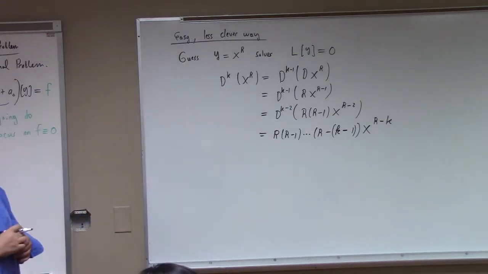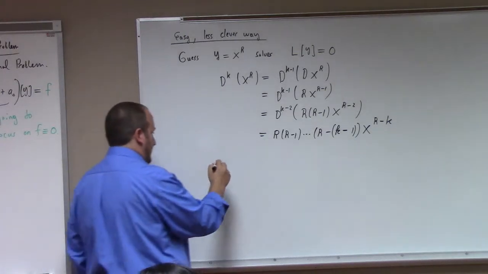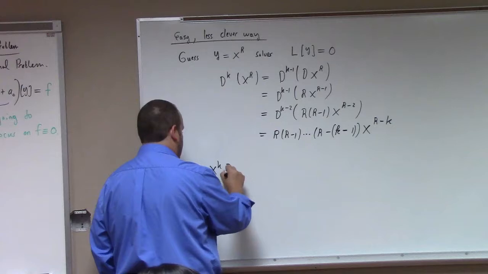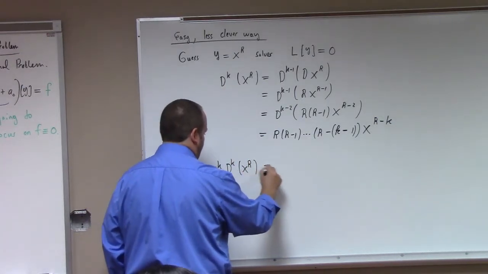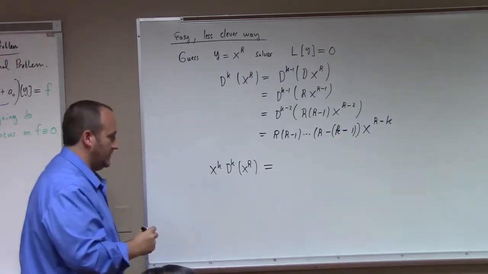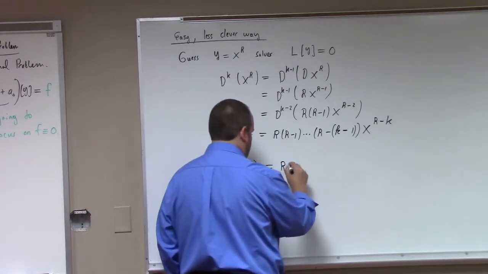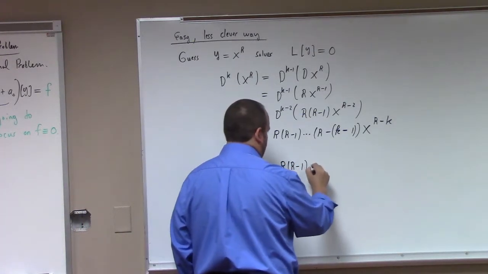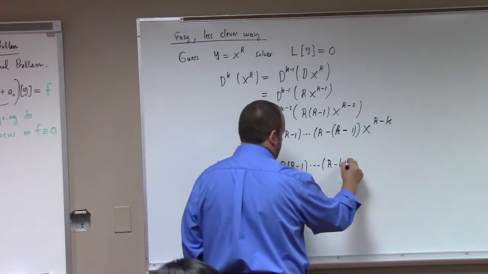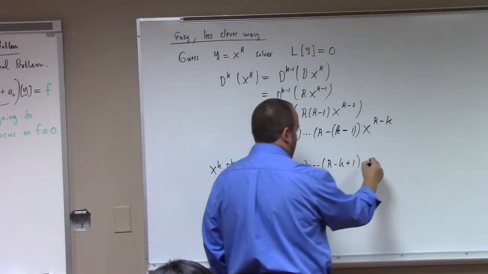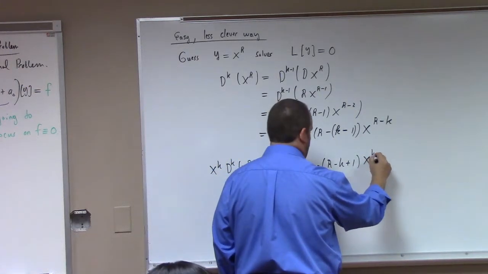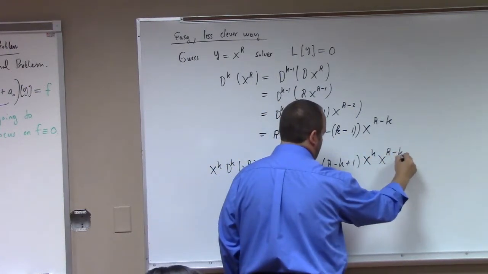What happens when I multiply x to the k times the kth derivative acting on x to the r? What do we get? We get r times r minus 1, up to r minus k plus 1 actually, if you distribute the parenthesis. And then we've got x to the k times x to the r minus k, which is just what?